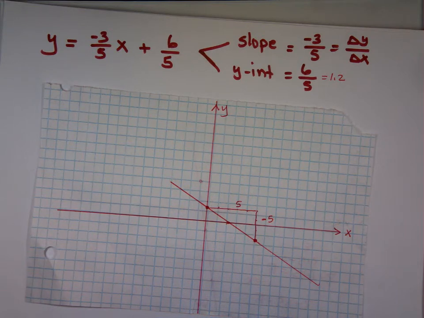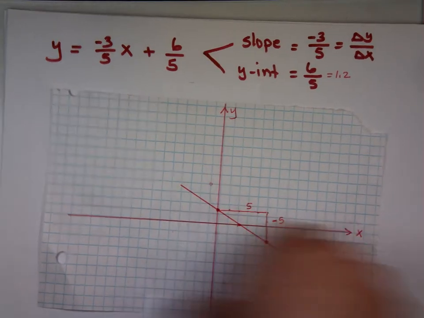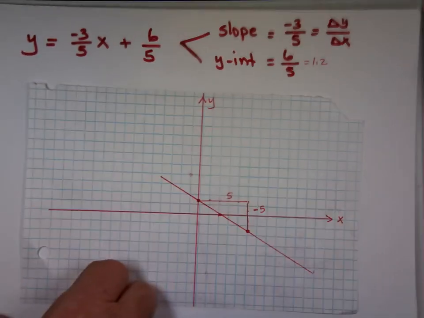I'll do another example with the slope-intercept form. Okay, so we know the slope-intercept form.